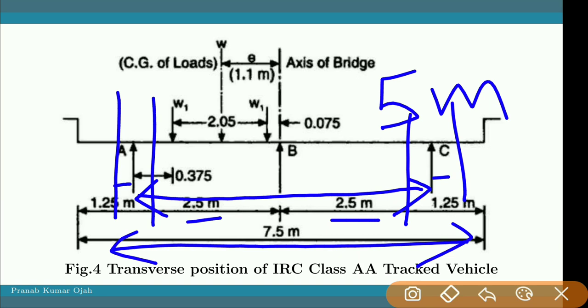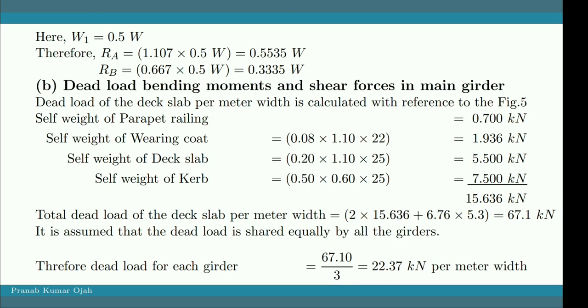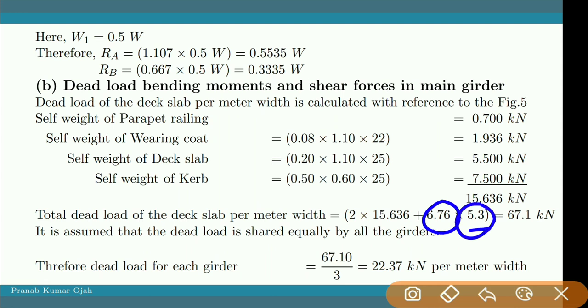That means we have to add half of the girder width on both sides. So finally it will be 5.3. So this is the self weight of the slab panel and this is the length. So finally we will get the total dead load as 67.1 kilonewton.